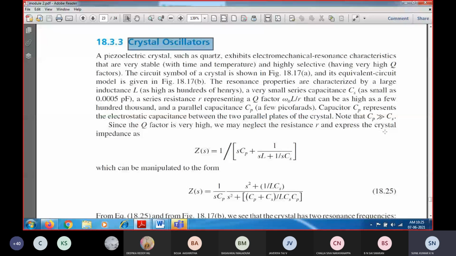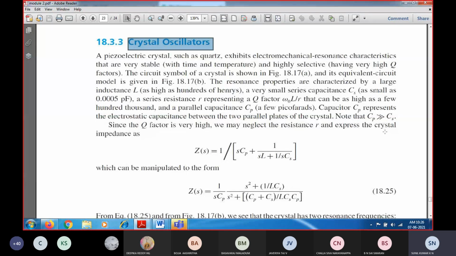And when we come to the physical aspects, there are basically three types of crystals which are going to be useful. One is Rochelle salt, another one is tourmaline, as well as quartz.